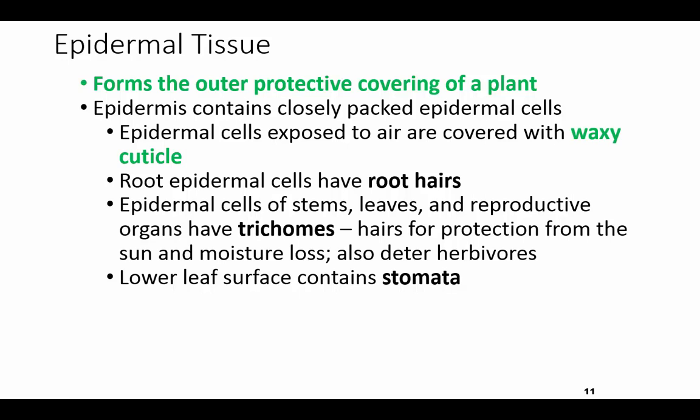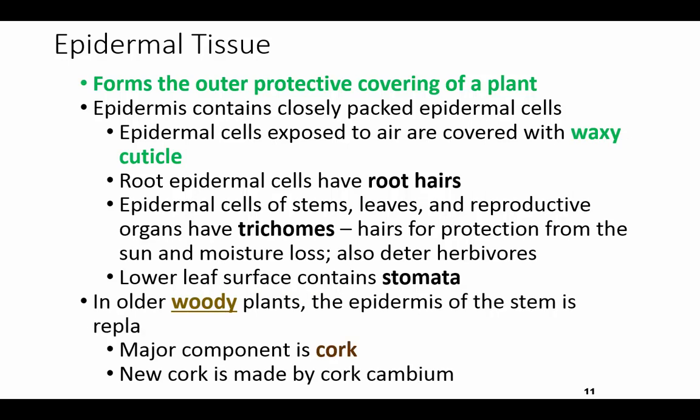The epidermal cells of stems and leaves and the reproductive organs have what we call trichomes, which are hairs that protect them from the sun and moisture loss and also keep the herbivores from eating them. The lower leaf surface has the stomata, which are openings that allow carbon dioxide to get in and oxygen to get out.